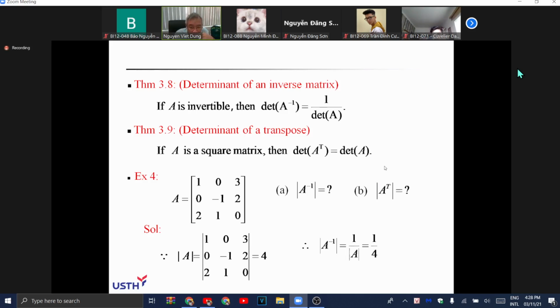And for part B, because of those properties, we know that the determinant of A transpose equals the determinant of A, and it is 4. So it is very easy with this kind of exercise.